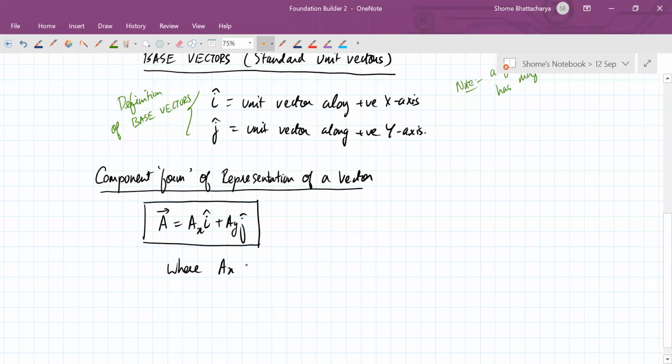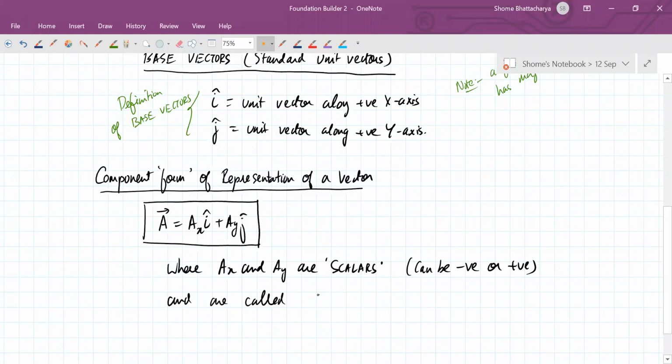In this, the quantities ax and ay are scalars, can be negative or positive, okay, and are called the x component and y component of the vector A respectively.